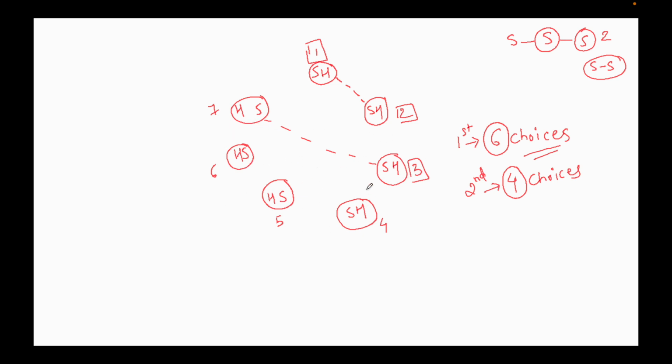Now we are only remaining with the 3 residues, 4, 5 and 6. Now let's pick residue number 4. As you can see, this residue has only 2 choices. It can either form a bond with 6 or with 5.